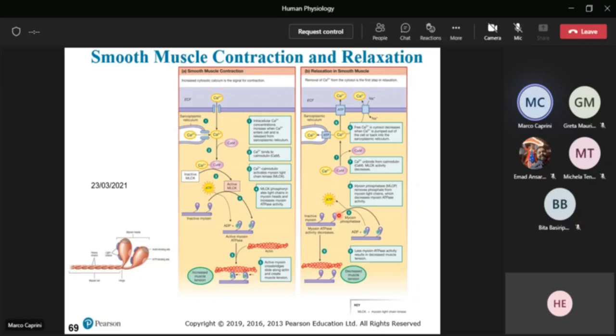And when the myosin phosphatase activity is active, the muscle decreases tension. When less myosin ATPase activity is produced because the MLCP is activated, the result is a decrease in muscle tension.